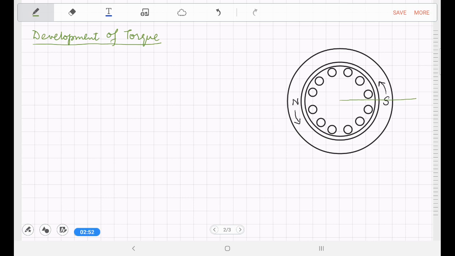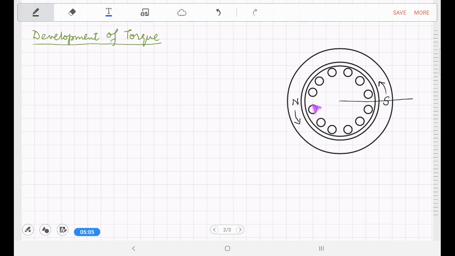For the situation considered, we can easily see that the conductors in the left half of the rotor are under the influence of the north pole, and the north pole is moving in the counterclockwise direction.